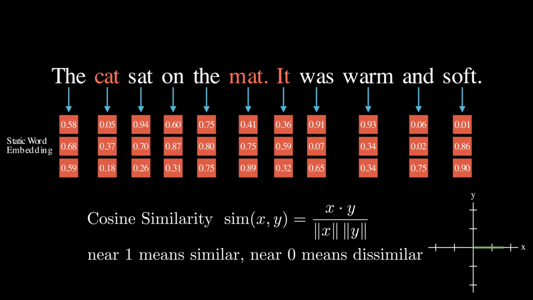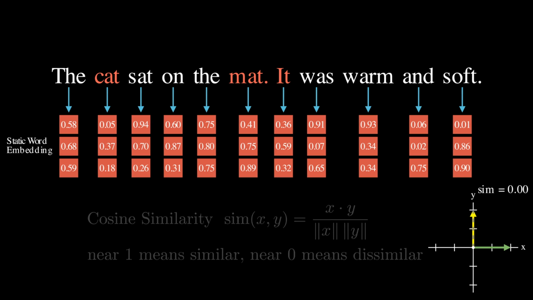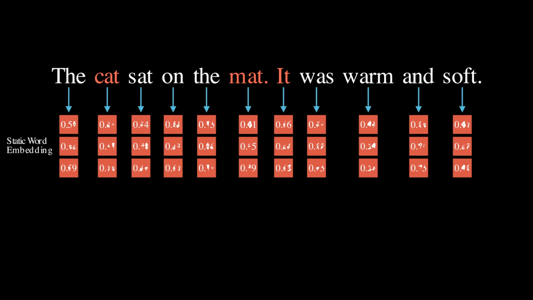Now you can see the similarity score through this animation. The initial vectors are random and we can adjust them based on the needs so that they become more clear and more meaningful.